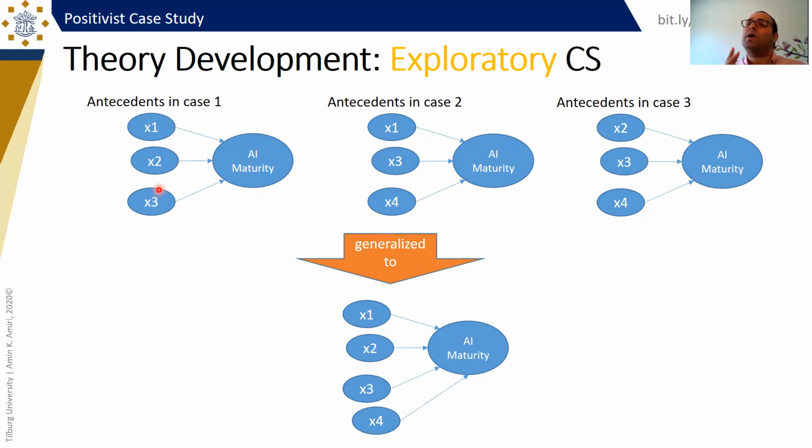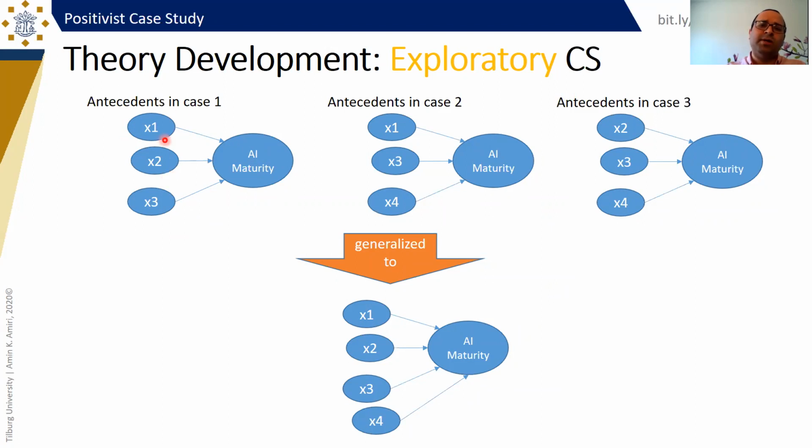So sometimes you just want to have a fresh look at the antecedents of something. Her reasoning was that AI maturity we don't have as a construct in the literature, but we have business intelligence maturity and some other things. I don't believe they would be useful here, and because of that, I don't know the antecedents of AI maturity. So that was her reason.